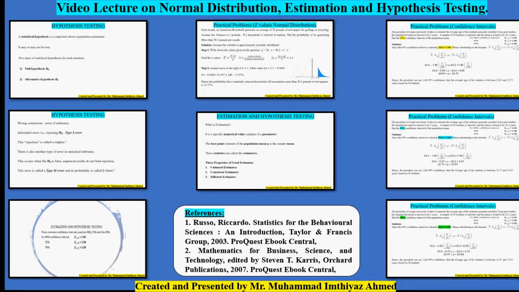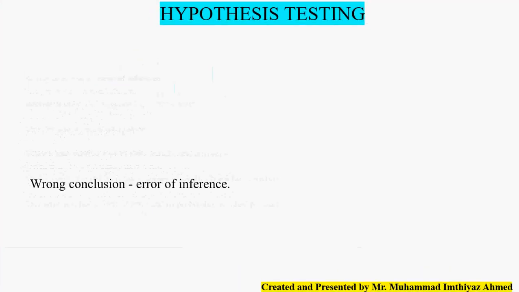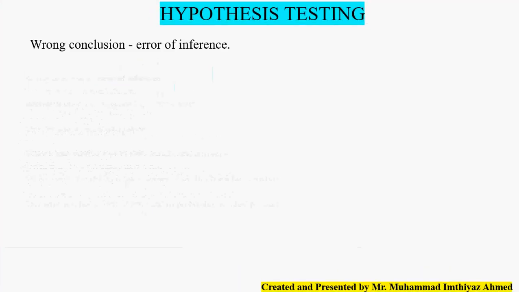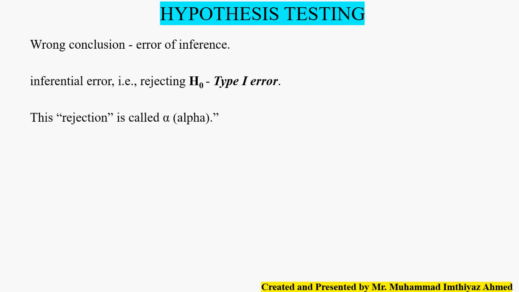Further, with regards to hypothesis testing, drawing a wrong conclusion is called an error of inference. This type of inferential error, rejecting the null hypothesis when it is true, is called type 1 error. Usually, this rejection is called alpha.